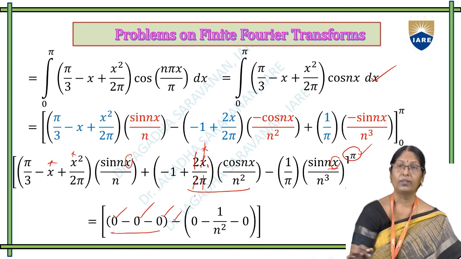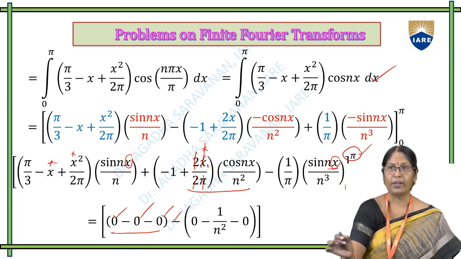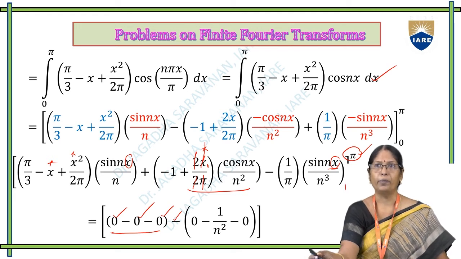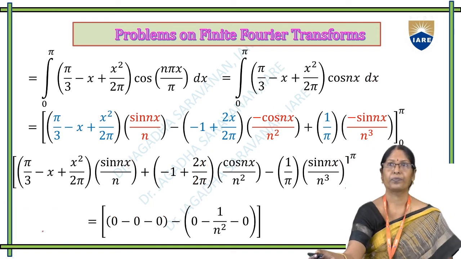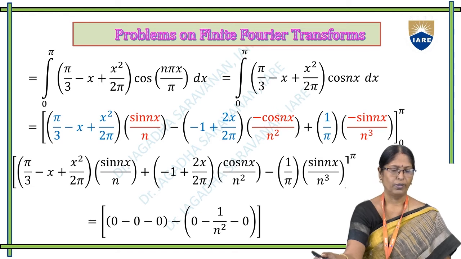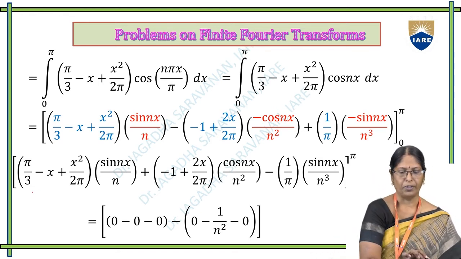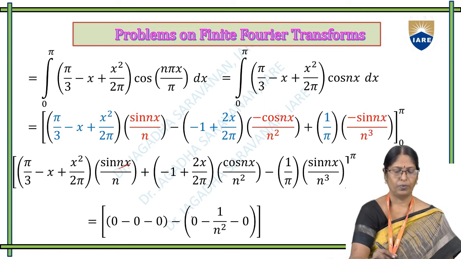This is our upper limit result. Now we will concentrate on our lower limit, that is 0. That we will substitute here. Sine 0 is 0.